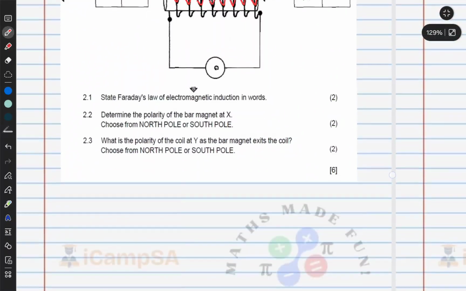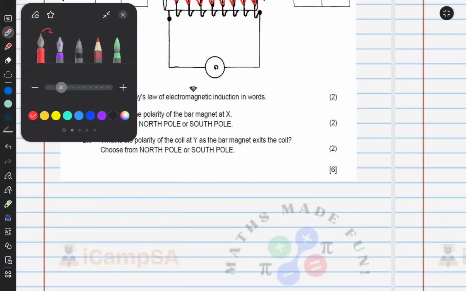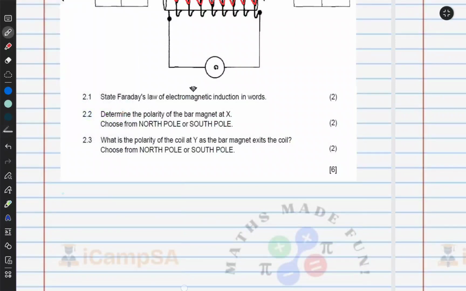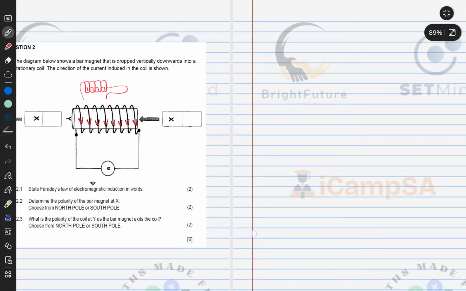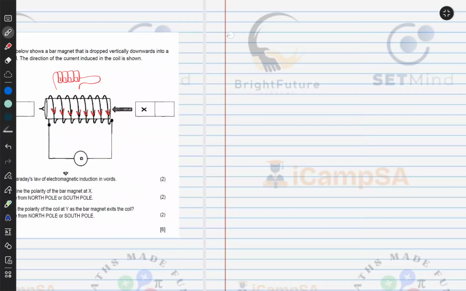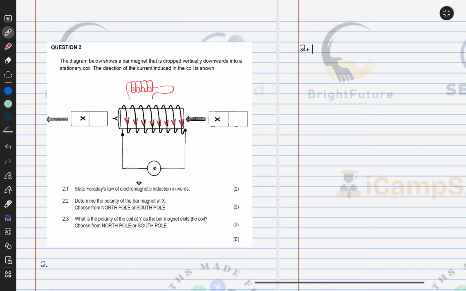So now we have question 2.1: state Faraday's law of electromagnetic induction in words.